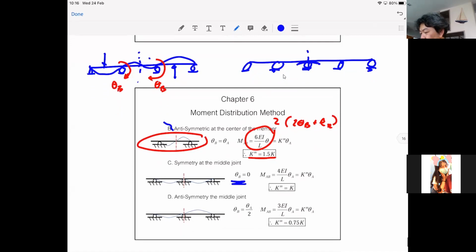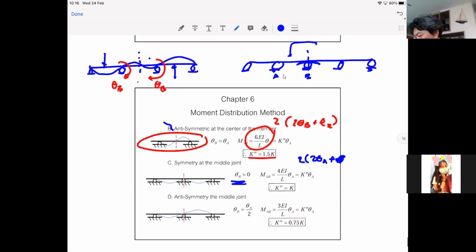So if theta b is 0, now when you look at this rotation, let's call this A, then this is B. So you have 2 theta A plus theta A plus 0.